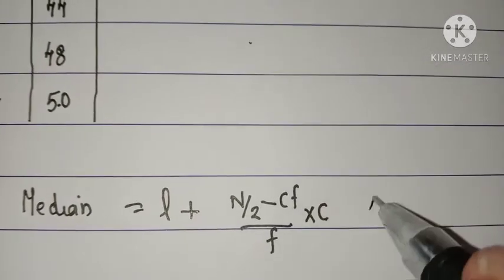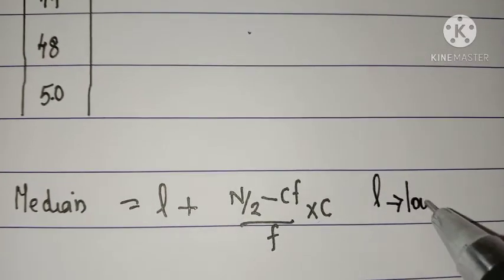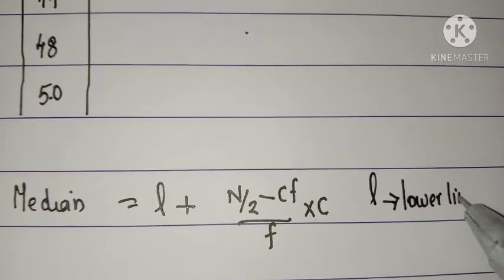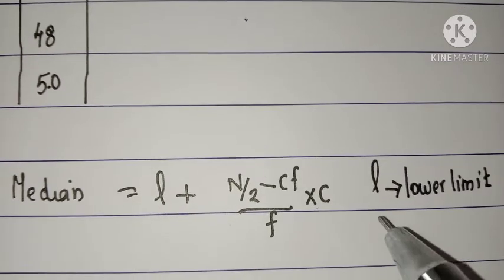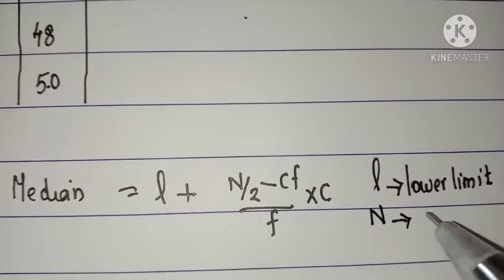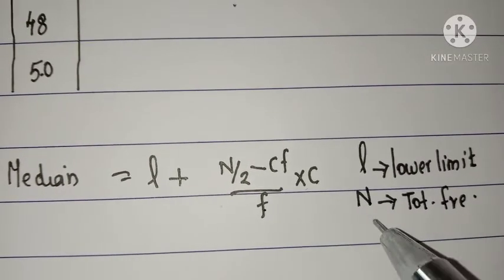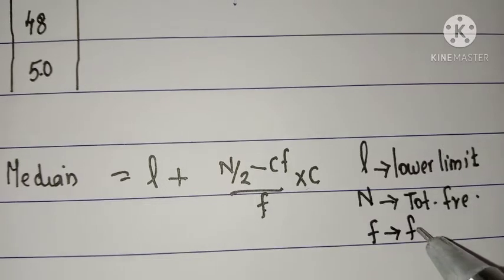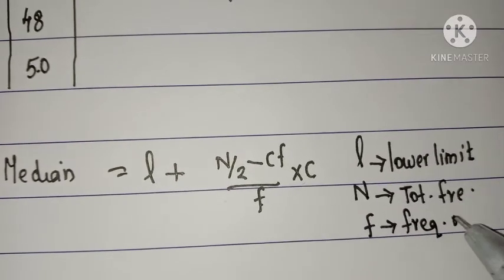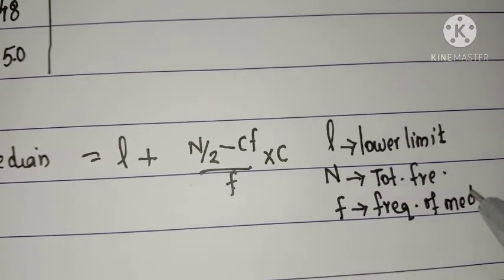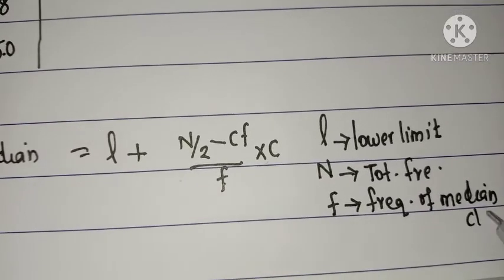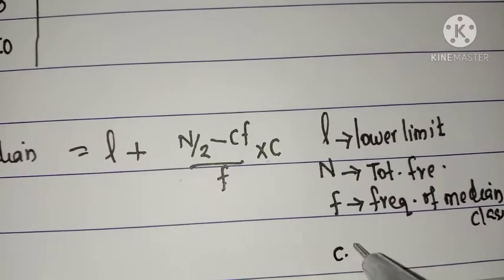Here L is the lower limit of the median class. N, capital N, is the total frequency. Then f, small f, is the frequency of the median class. Then CF.